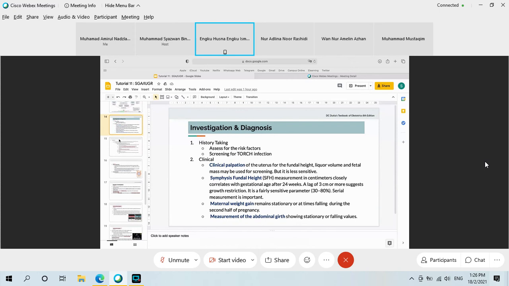You buat detail scan, look at why in this kind of baby she has SGA atau IUGR. You do the fetal anomaly scan, which actually consists of brain scan, facial morphology, cardiovascular, abdominal scan, fingers, hands, and cardiac system.